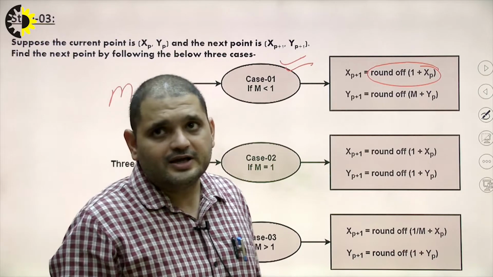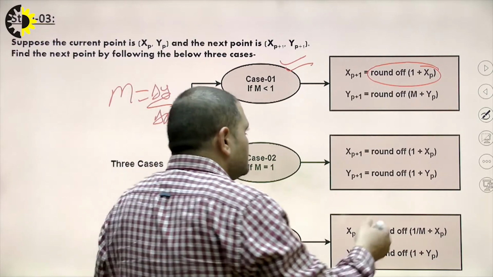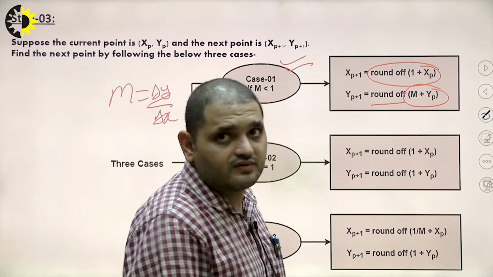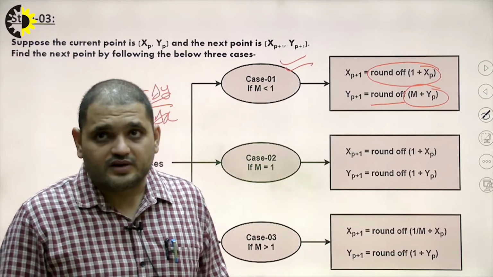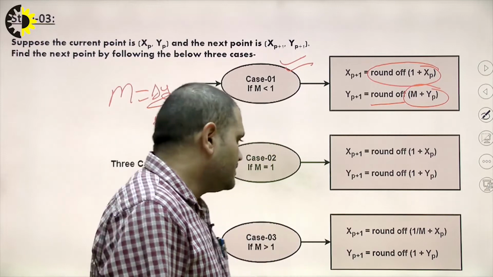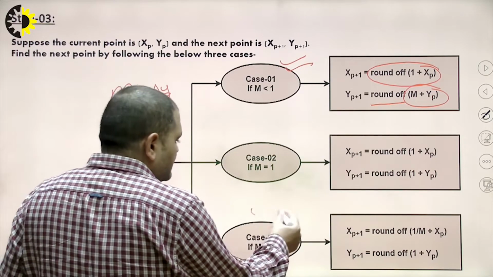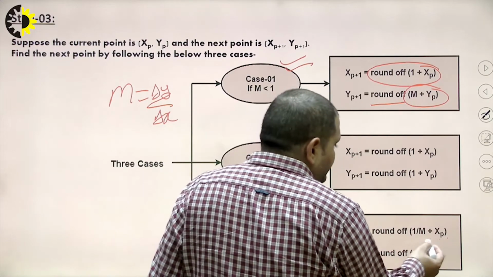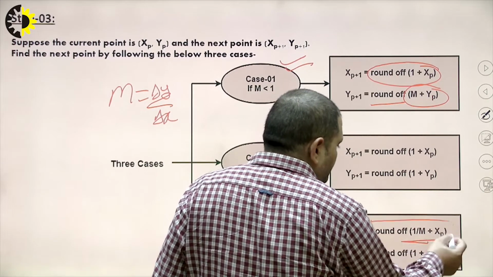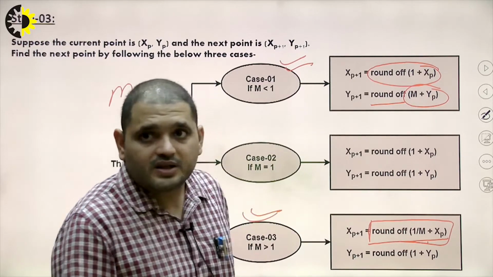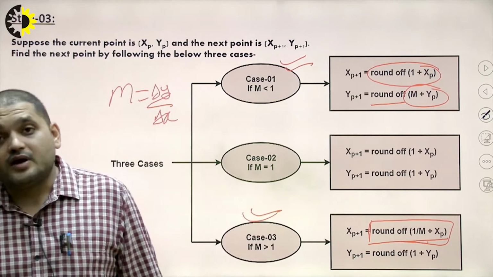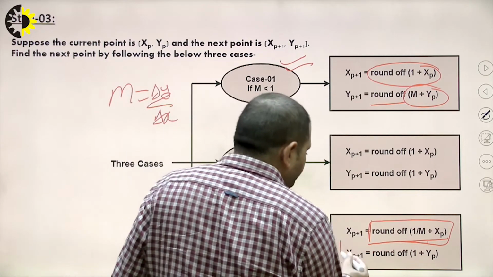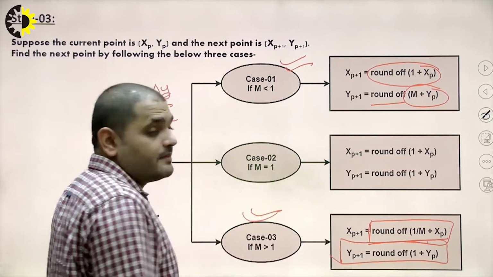And yp+1 equals round off of m plus yp. Now if m is greater than 1, then xp+1 equals round off of 1 by m plus xp, and yp+1 equals round off of 1 plus yp.